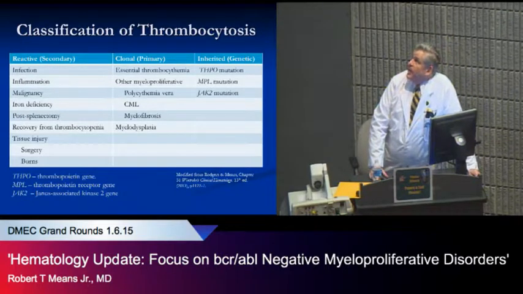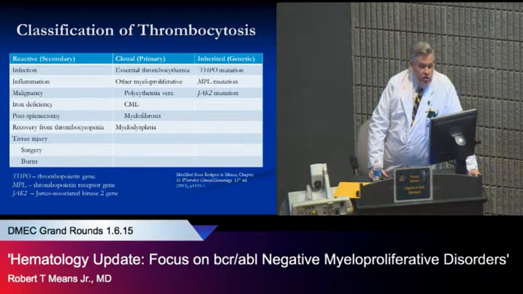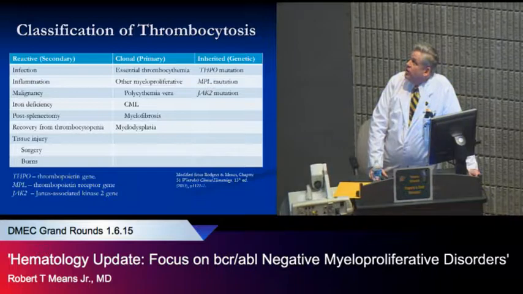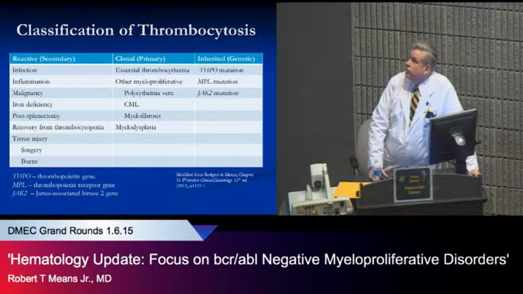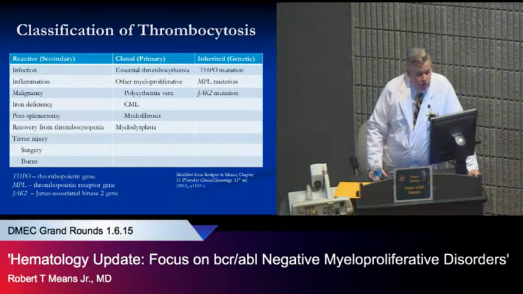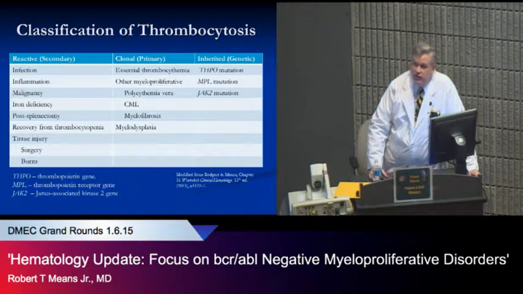The next big category are the clonal thrombocytoses, which you can also refer to as primary thrombocythemias. The most common cause of significantly elevated platelets is clonal, and the most common one is essential thrombocythemia. You're going to have other myeloproliferative disorders, including polycythemia vera, CML, and myelofibrosis, and rarely, as we'll talk about briefly, you can see it with myelodysplastic syndromes.